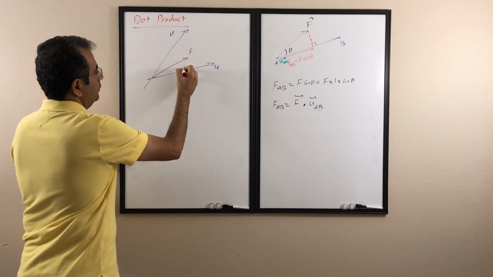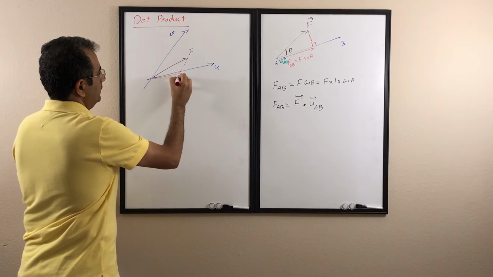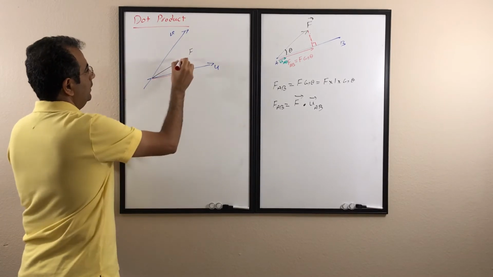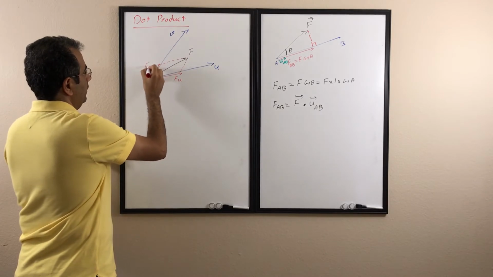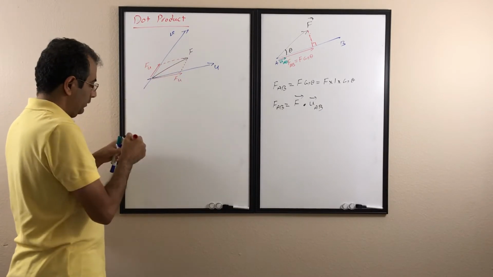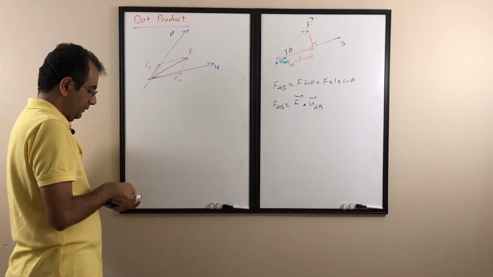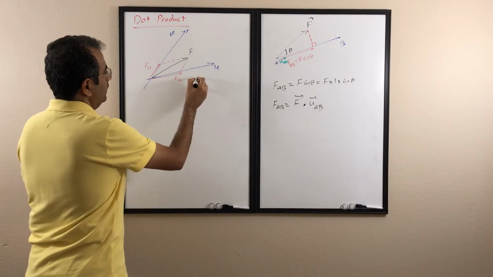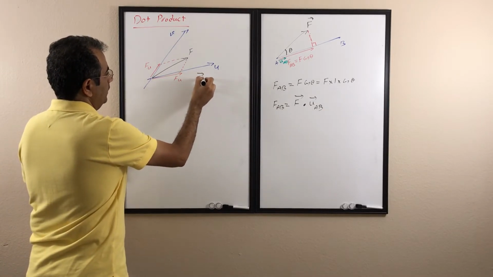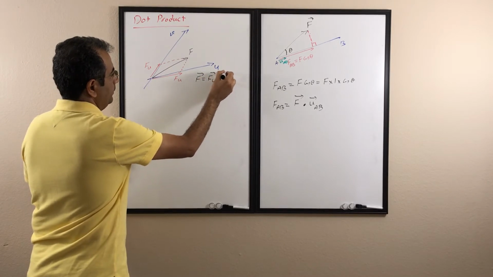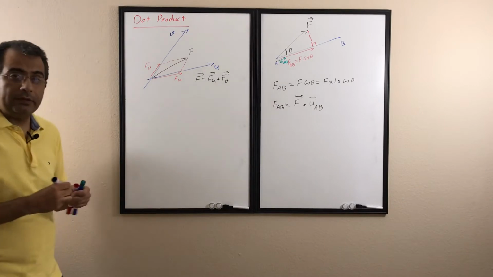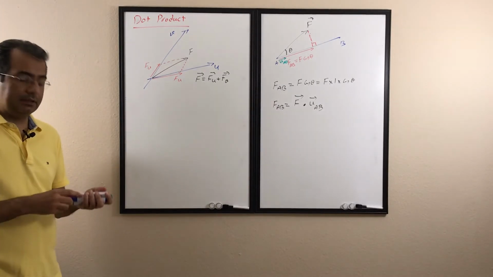So we go parallel to an axis and say, okay, this is Fu, and then parallel to the other axis, this is Fv. We know that these are components, and that F is Fu plus Fv. But when it comes to the projection, it's a little bit different.